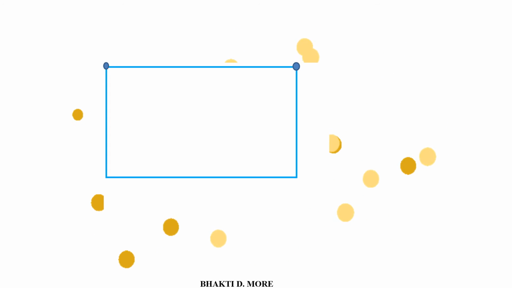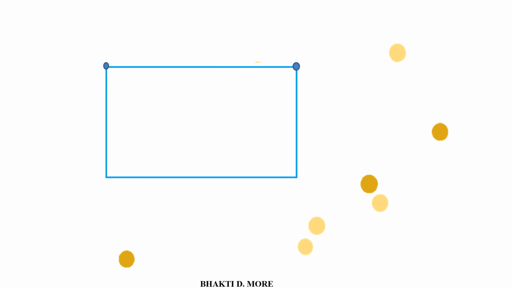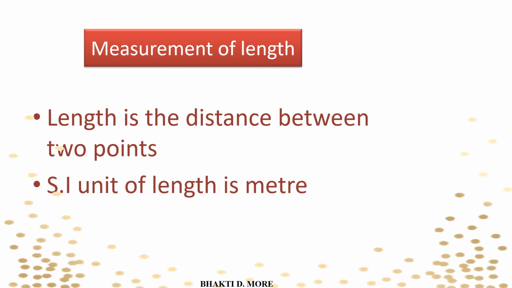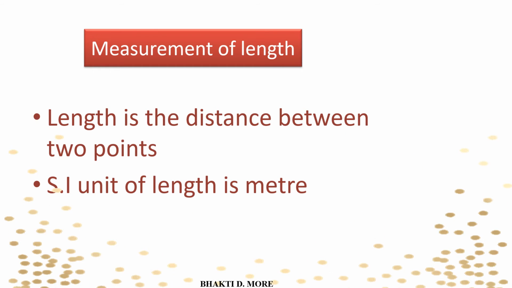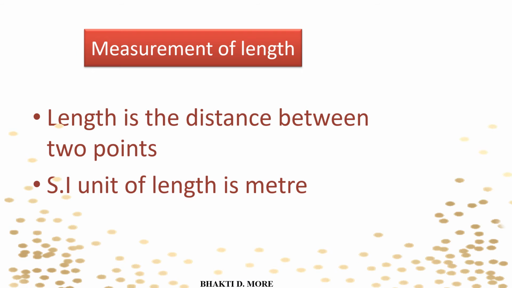Now identify this shape. Yes, it's a rectangle. The distance between these two points is nothing but length. So what is length? Length is the distance between 2 points, and the SI unit of length is meter.